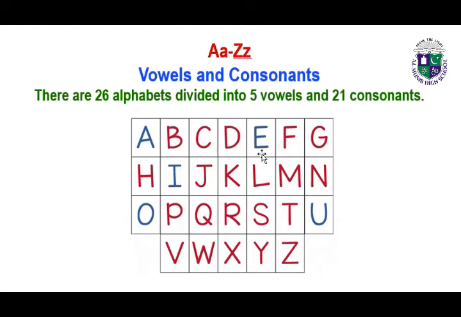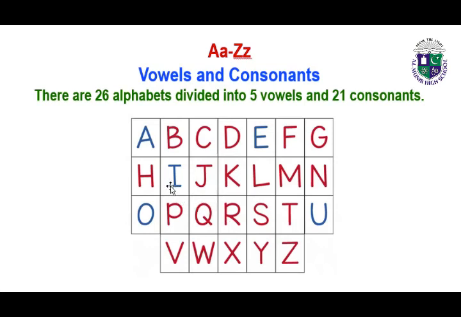A, E, I, O, U are the vowels, and the letters which are written in red, B, C, D, F, G, H, J, K, L, M, N, P, Q, R, S, T, V, W, X, Y and Z are the consonants.